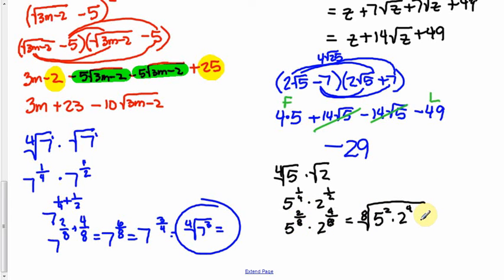And like I said, this is where it's stopping in your book, so I'm going to stop there, but you could simplify it into 25 times 16. So we could write that as the 8th root of 400.